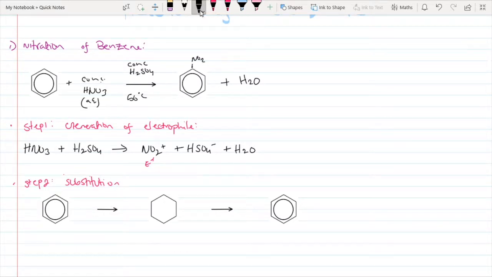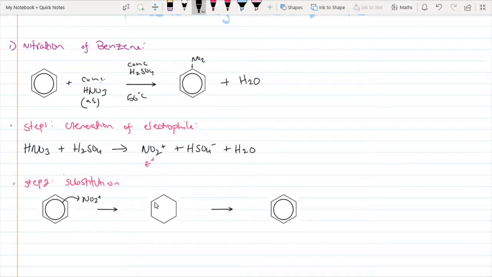If we take our nitronium ion, NO2 plus, we know this delocalized ring of 6 electrons is electron rich. And our NO2 plus is electron poor, it doesn't have that many electrons, it needs to gain electrons. Therefore this ring will donate 2 electrons to the nitronium ion, and that means the ring would be disrupted.